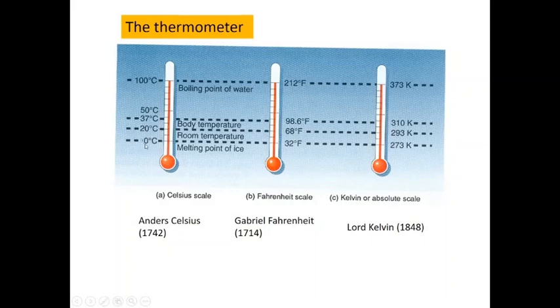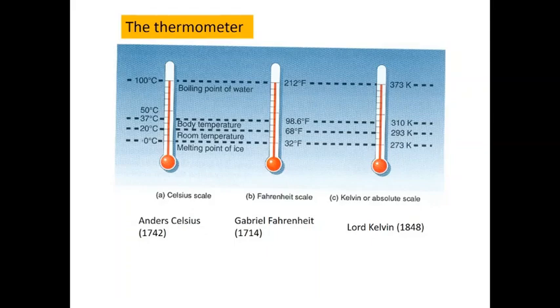He introduced it as 0 degrees Celsius. And the boiling point of water is 100. So he introduced this kind of scale and divided this interval into 100 parts, and each part is called a degree Celsius.